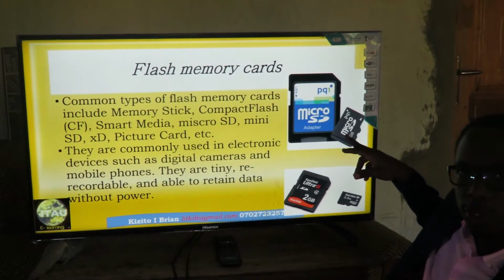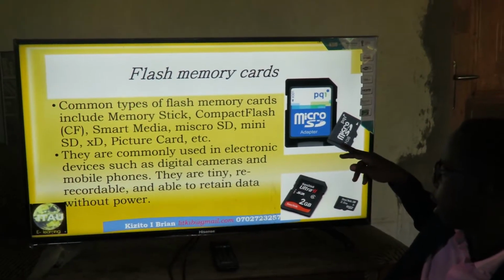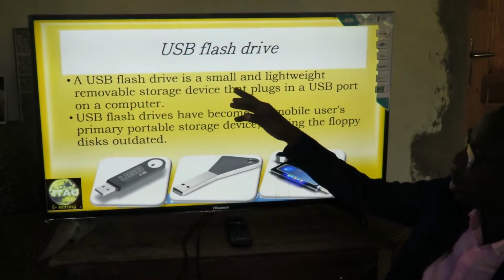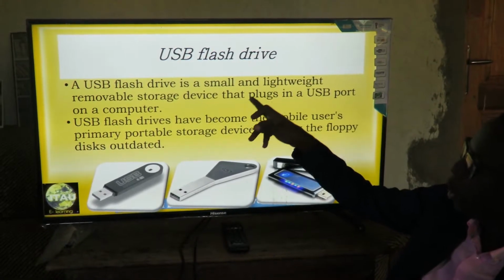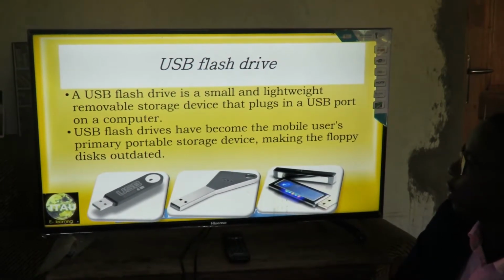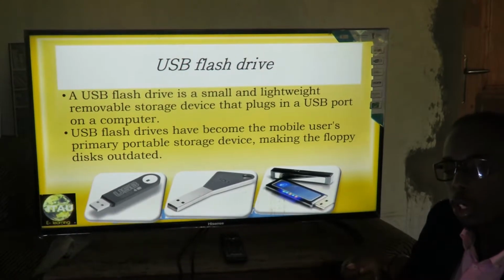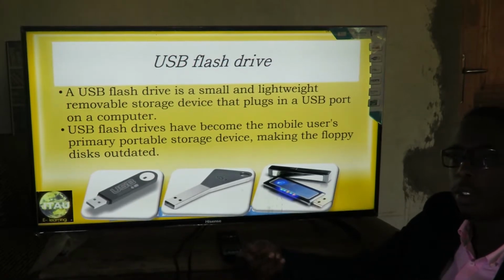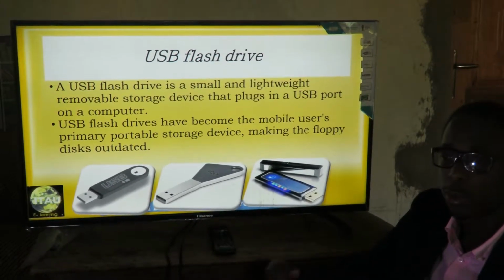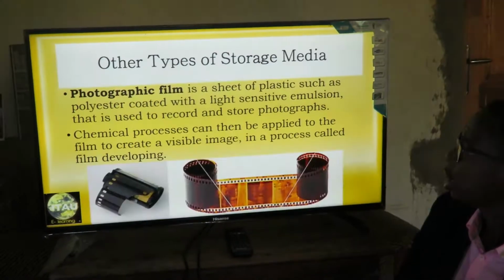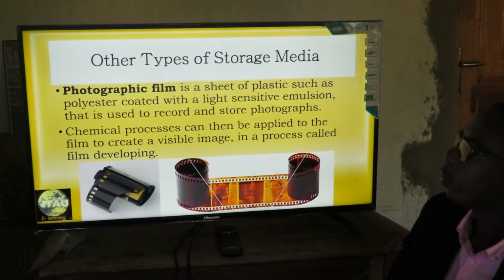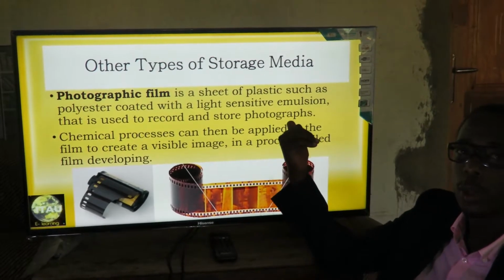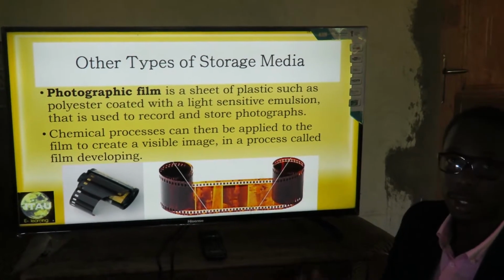Those recent mobile phones have a provision for this kind of card. The USB flash drives are small, lightweight, removable storage devices that are plugged into a USB port, and data is capable of moving from the flash to the central processing unit for reference or for use. Other storage media include the photographic films, those films that were used in the ancient cameras.